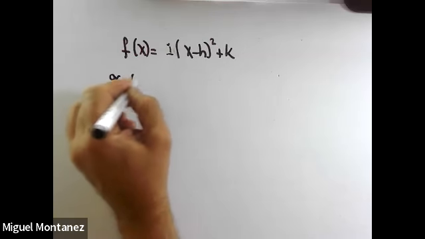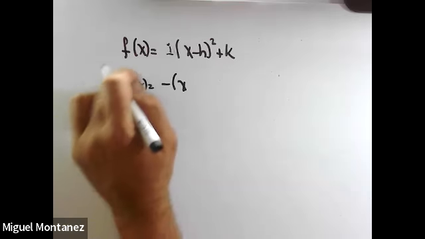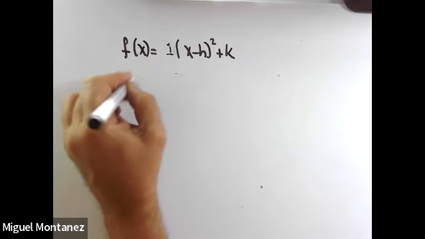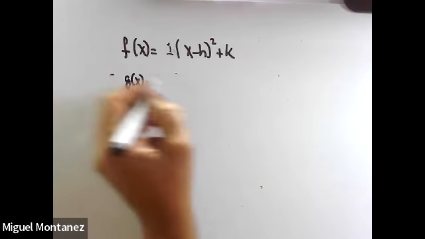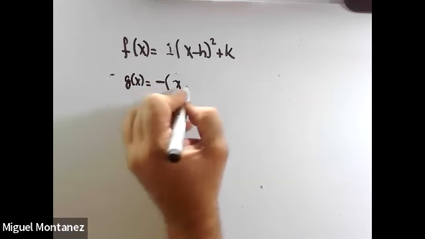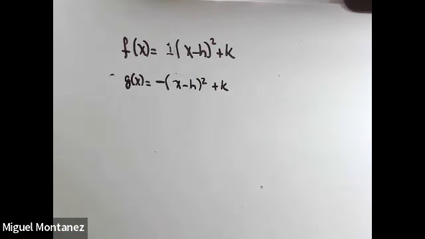Or if I have, let's just call this guy g of x, g of x equals parenthesis 1 here, minus x minus h squared plus k.